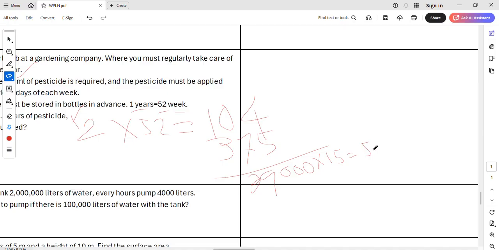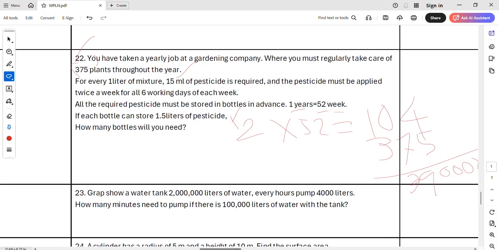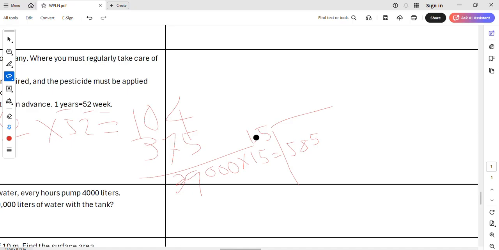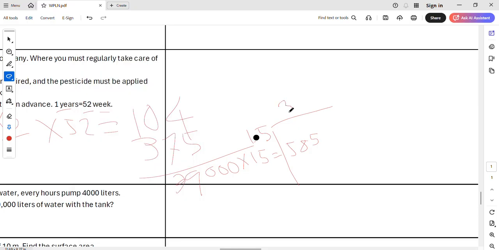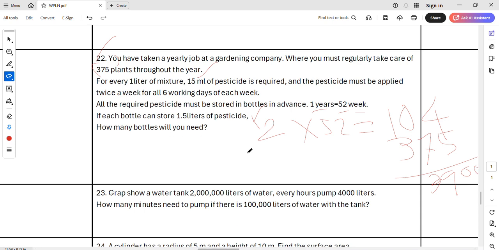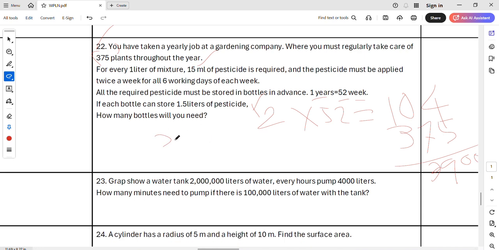Okay, divided with the 1.5, not 15, 1.5 liter. Do the division with 1.5. So the answer is 390 bottles needed for a year of pesticide. How many bottles needed? 390.